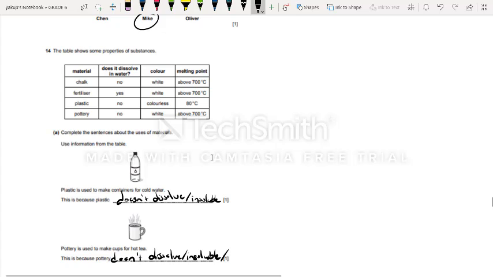Because the melting point of pottery is above 700 degrees. It means it's going to be solid in the water because its melting point is 700 degrees. The boiling point of water is 100 degrees, right? And at this degree, guys, the water evaporates, right? That's why the pottery also is insoluble, guys.